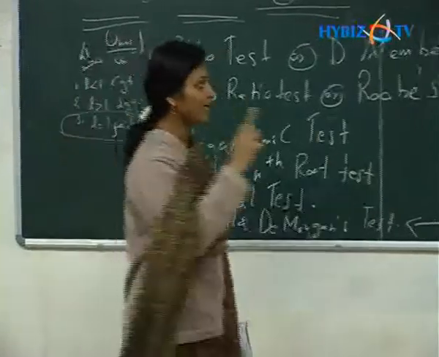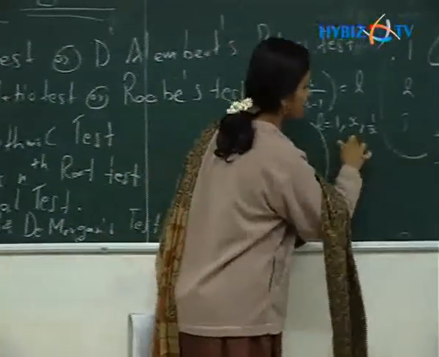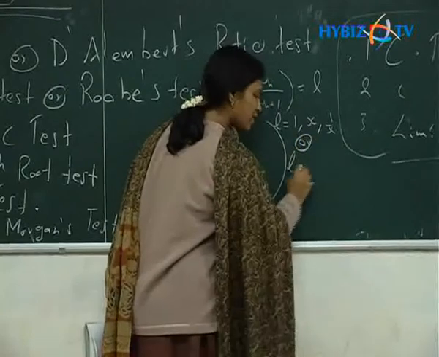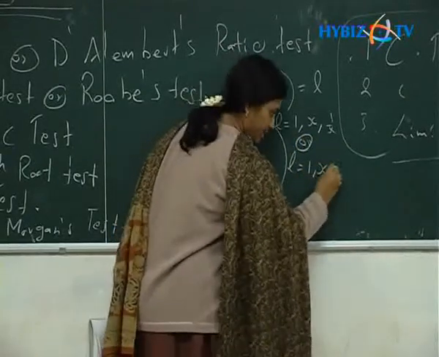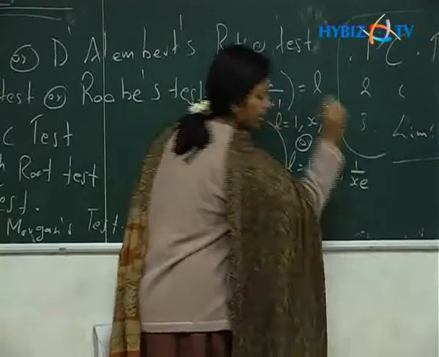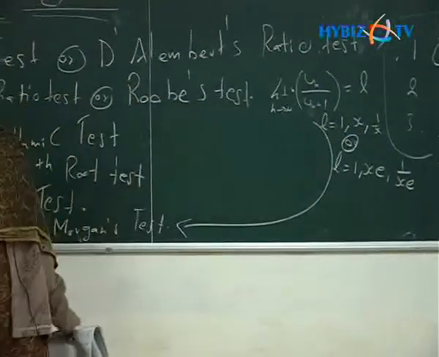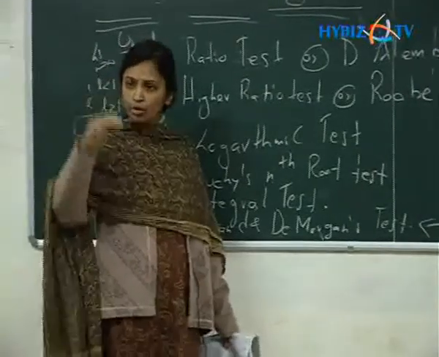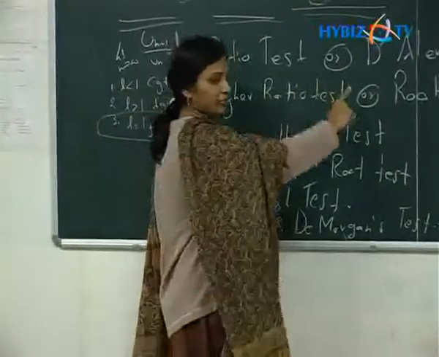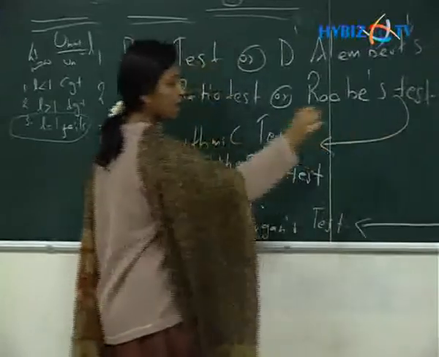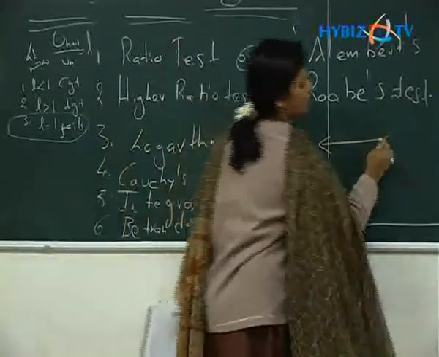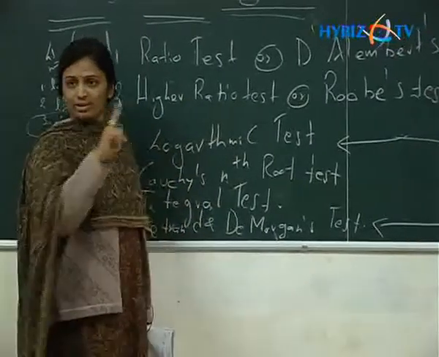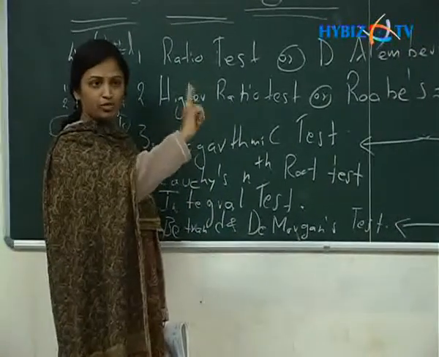Now, instead of getting L equals 1, x or 1 by x, you will get L equals 1, x^e or 1 by x^e. With e, you know that a logarithmic term will definitely be there. So at that time, after the second test fails, you have to go for the logarithmic test. Understood? In the first test, L equals 1 means you went to the second test.